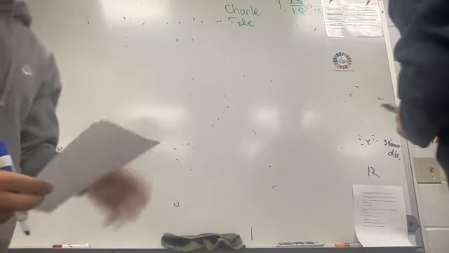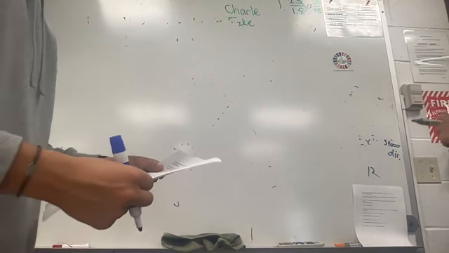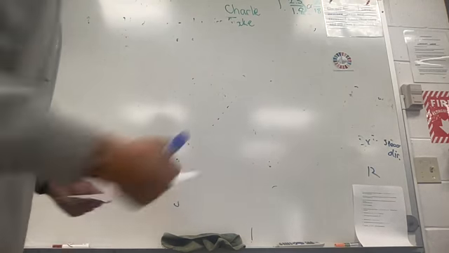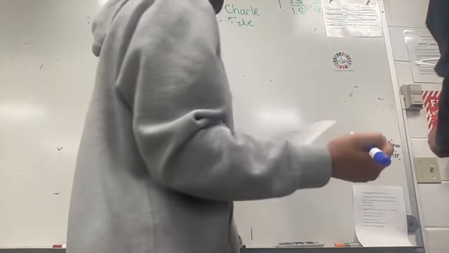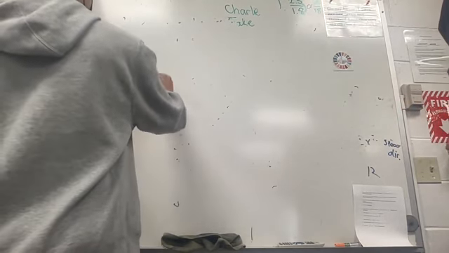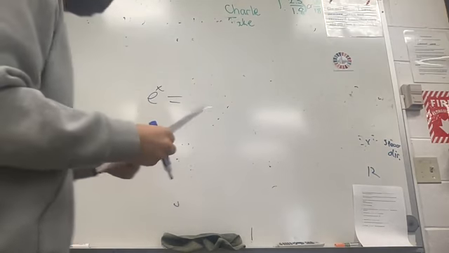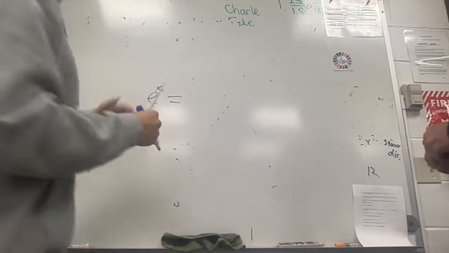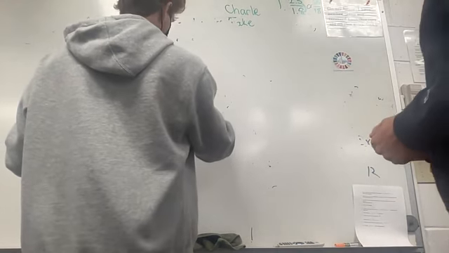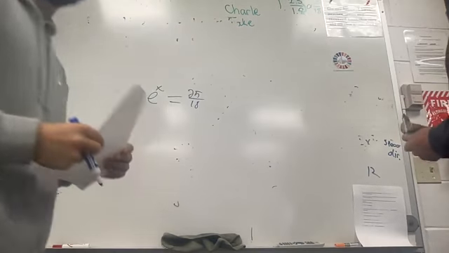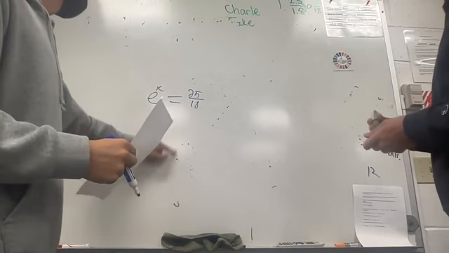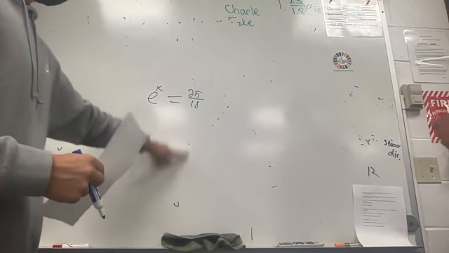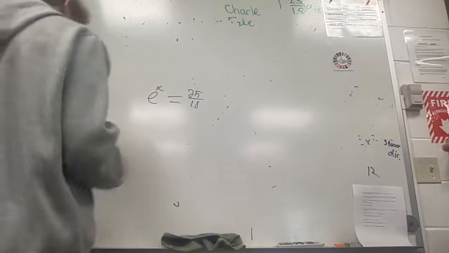Now find the C value that satisfies the conclusion of the MVT for the interval. So now we need to set e to the x equal to 25 over 18. Now we have to solve.